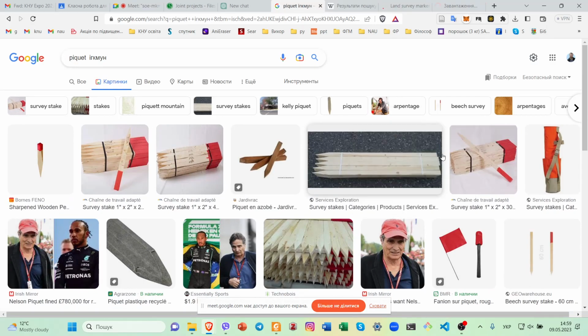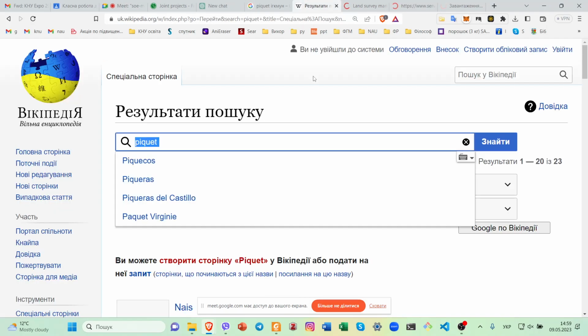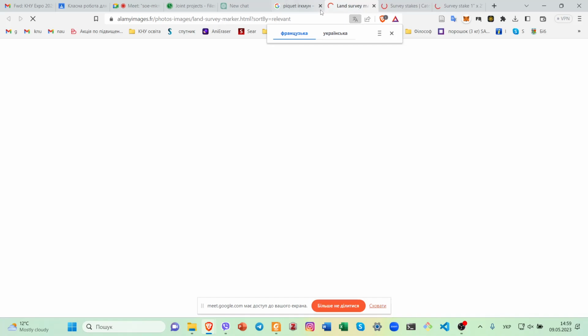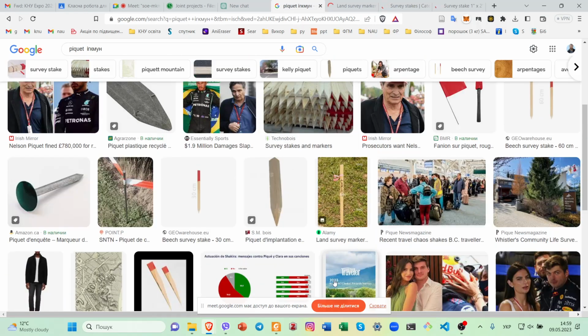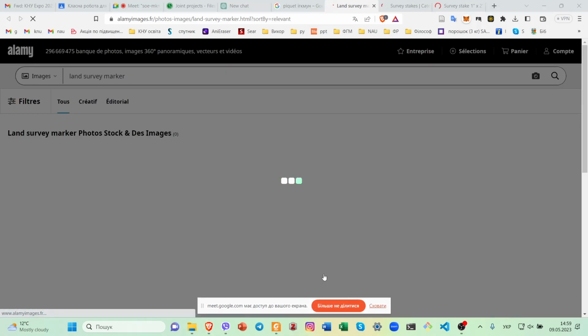You can buy the survey stakes at the supermarket or a special shop for surveyors. I will show you how it looks like.